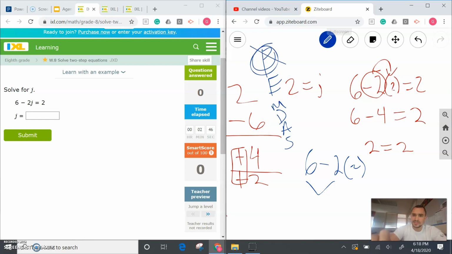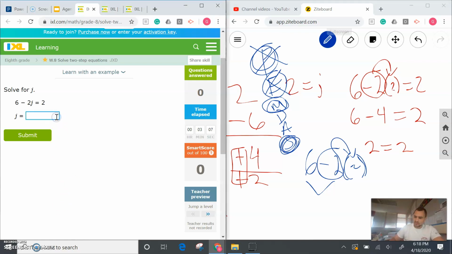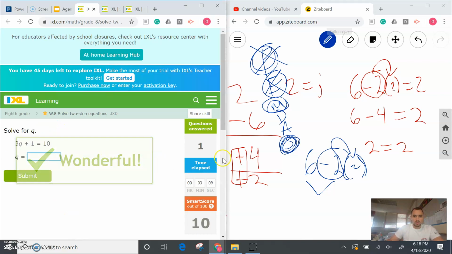There's nothing in the parentheses, cross it out. Exponents, no exponents, cross it out. Now we multiply. And multiplying is these parentheses, so you need to multiply these two together. Don't subtract. That's one of the last things to do. If you did 6 minus 2 first, you're going to get a wrong answer. All right? So make sure that you know j equals 2, and wonderful.